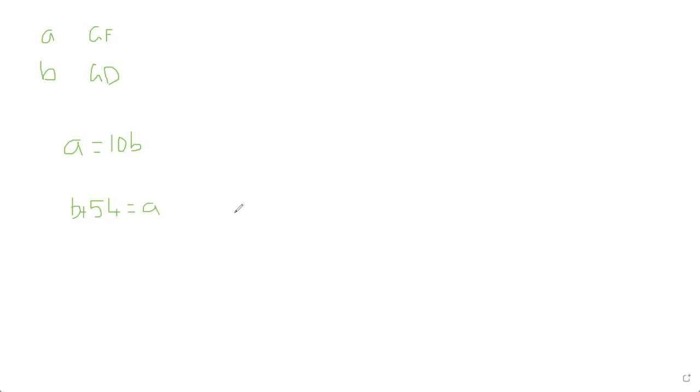I do encourage you to pause this video and actually solve the question yourself before you watch the rest of it. I should have said that in the last question too. All right, so I'm going to use the substitution method again. Why not? So if A is 10B, I'm going to put 10B in place of A. So B plus 54 equals 10B.